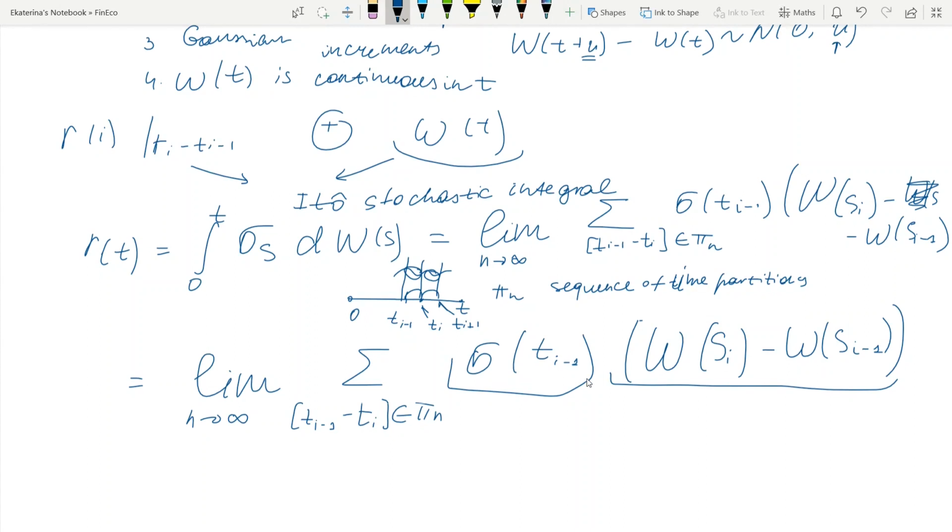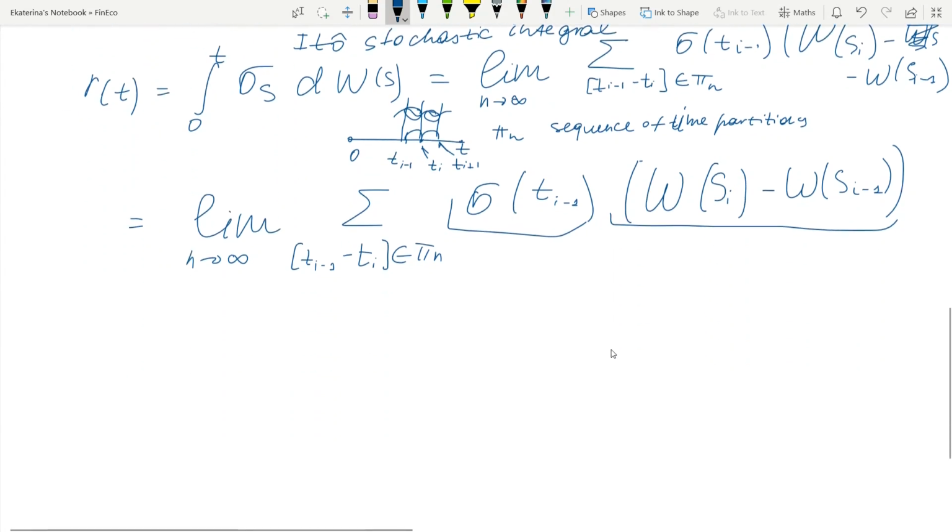So now this sigma has some sort of properties, and this is where your French might be useful. So we say that our sigma is a special process. This process has càdlàg sample paths.